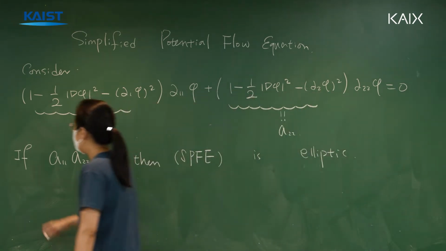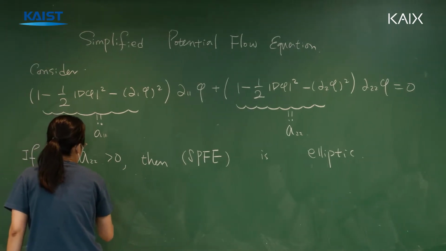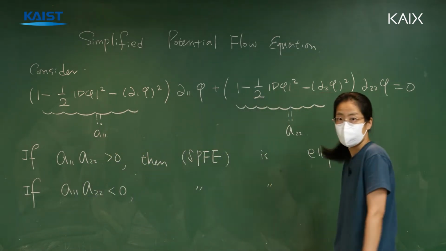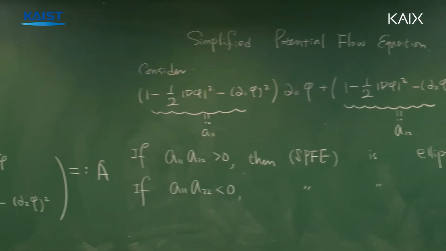And if A11 times A22 is negative, then this equation is hyperbolic. And this is the case that we want to consider today.